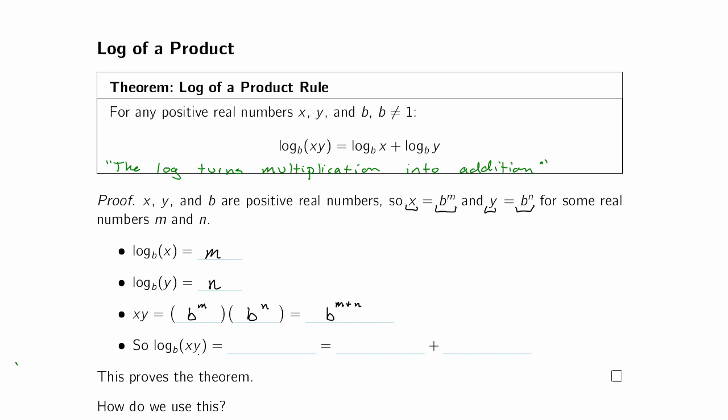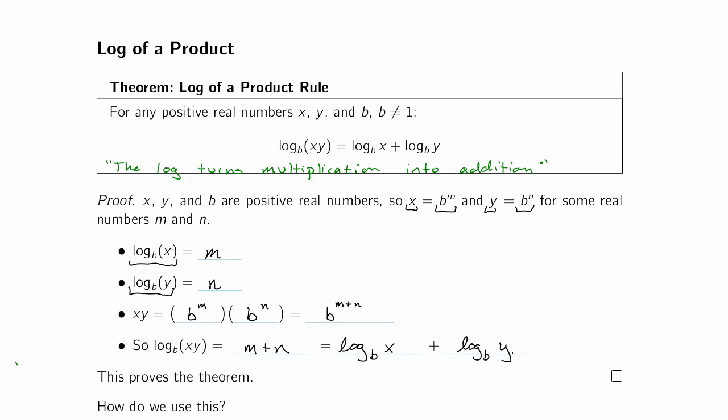Which means if I take the log of x times y, well, x times y is the base to the m plus n power, so the log of x times y is m plus n. But then m is the log of x, and n is the log of y, which is the theorem that we wanted.